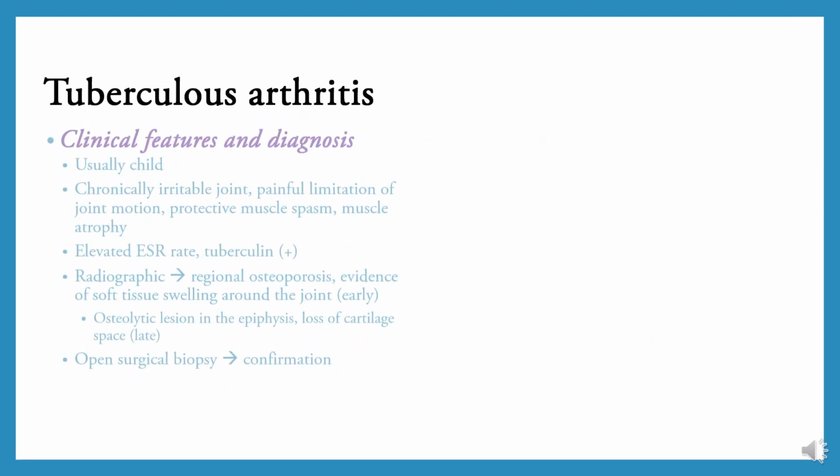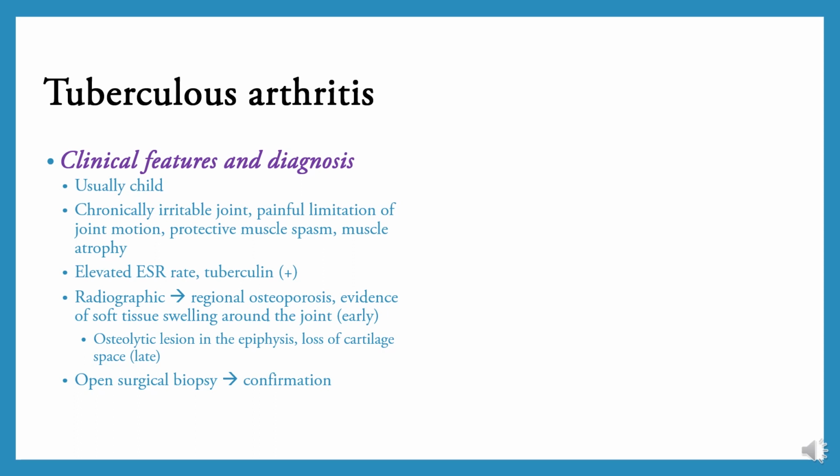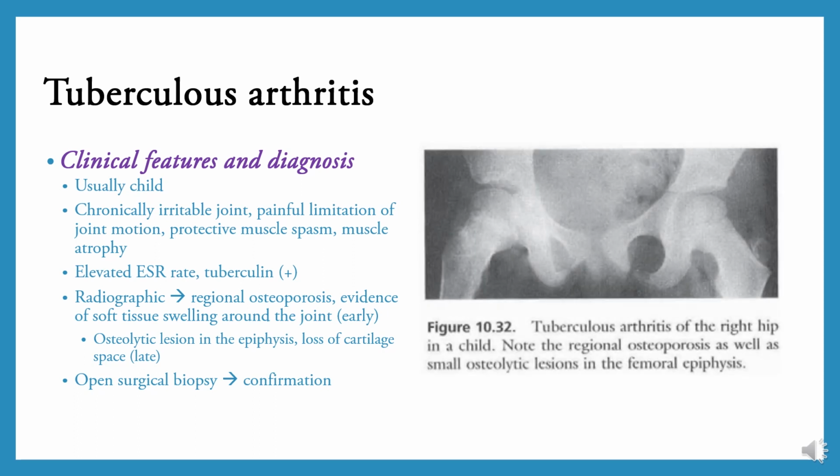Clinical features and diagnosis: it usually happens in children, with a chronically irritable joint, painful limitation of joint motion, protective muscle spasm, and muscle atrophy. There is an elevated ESR and also positive tuberculin.